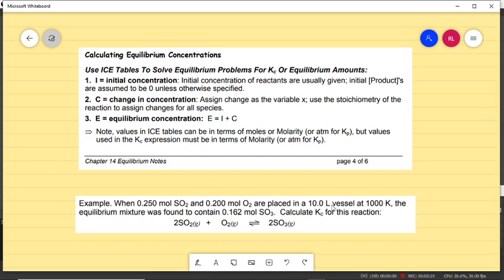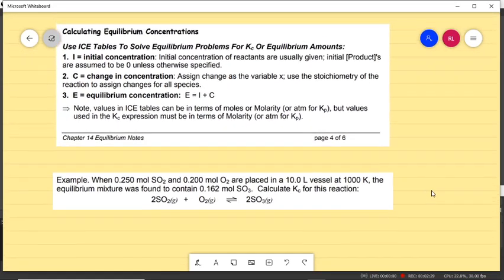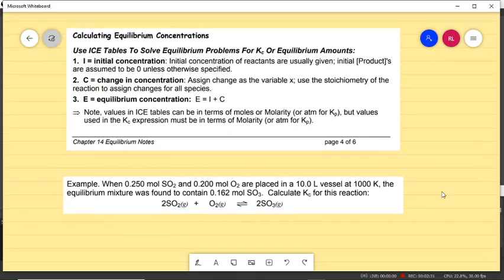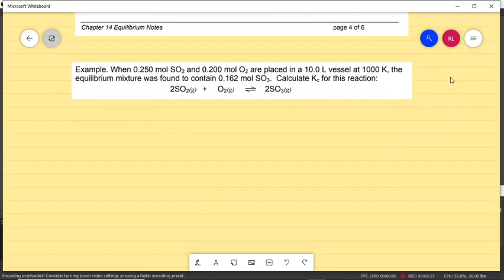Okay, so for us to be able to understand this concept, because I know it is difficult to understand without an example, let us solve this example. For example, we have this reaction.